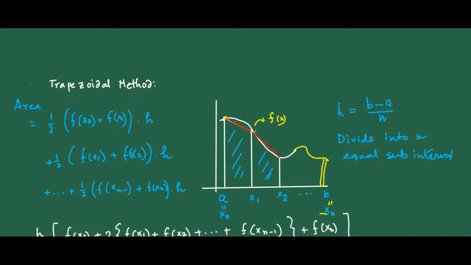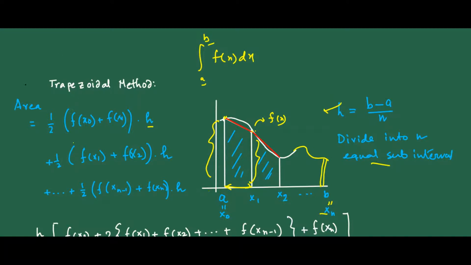We divide the whole integration from a to b of f(x) dx, the whole segment a to b, into n equal subintervals, right? And we connect these 2 points by a straight line, and this is a trapezoid. What is the area of this trapezoid? Half times f of x0 plus f of x1 times the base distance, the distance between 2 parallel lines, and this becomes h, as is evident from here.